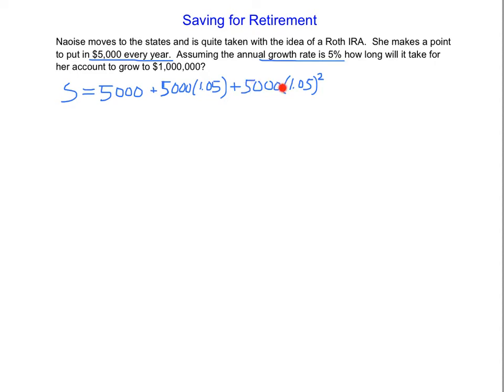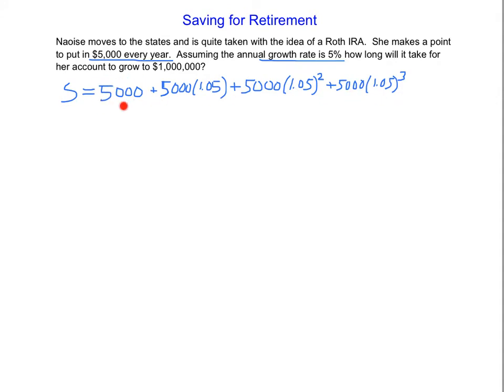Think of it this way: that first $5,000 has grown over 2 years' time now. And then 1 year later, we put in another $5,000. That's grown a year. And then we put in that next $5,000. This keeps going. Now, I find it a little bit confusing because this is not the original $5,000, the way that this problem reads.